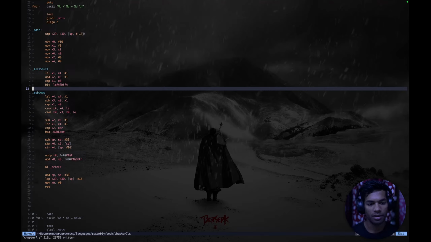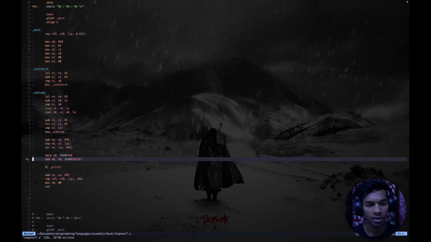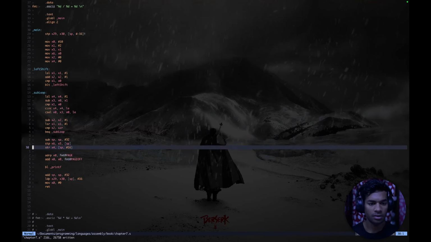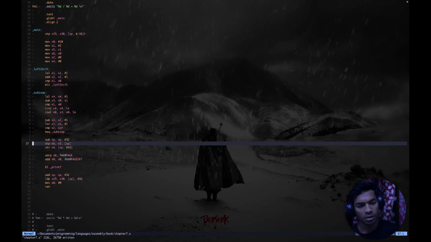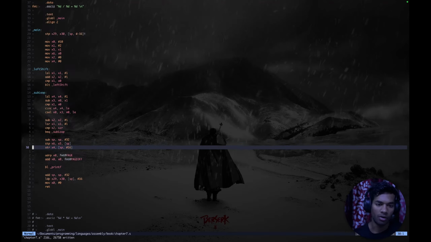Am I messing up with the printing part? Storing at the frame, storing in the stack, subtracting 32 from the stack pointer, and then I am storing a few values, the 6th and the 5th register, onto the stack. Yes, this is correct. This is not wrong.